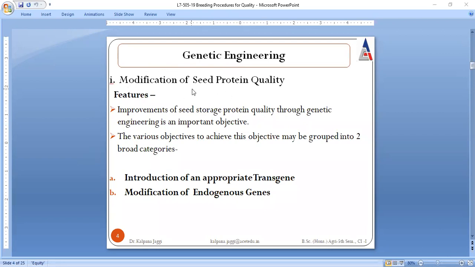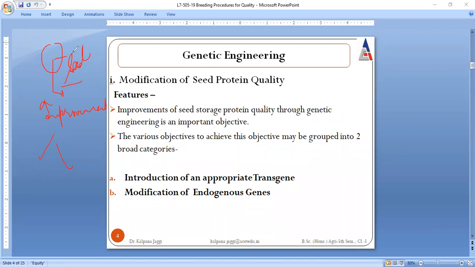This particular objective is in turn grouped into two broad categories. Say I tell some student, you have this seed with you and you are to go for its improvement. This is the assignment given to you. How can one go about improving the seed? There are only two approaches.